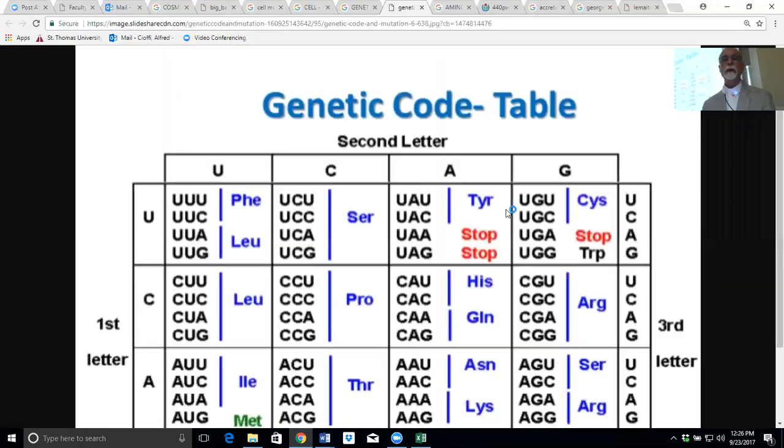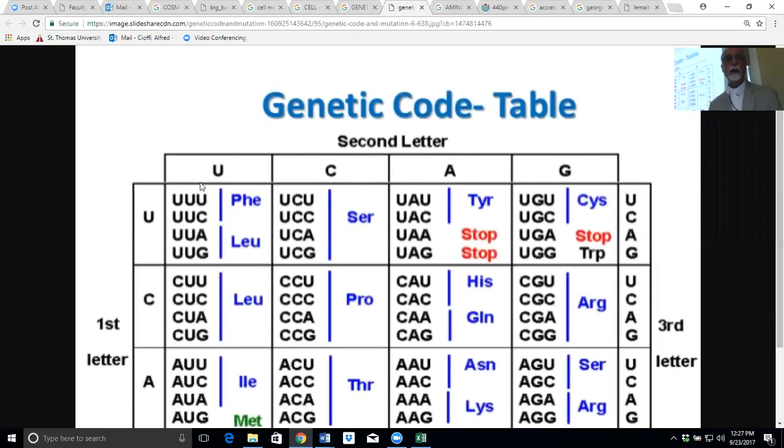I told you earlier that there were 4 bases or 4 nucleic acids, right? I told you it was adenine, guanine, cytosine, and thymine, because thymine in DNA becomes uracil in RNA.